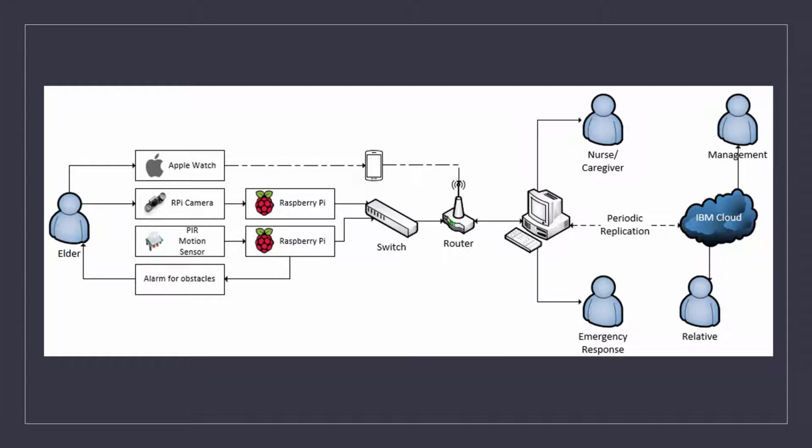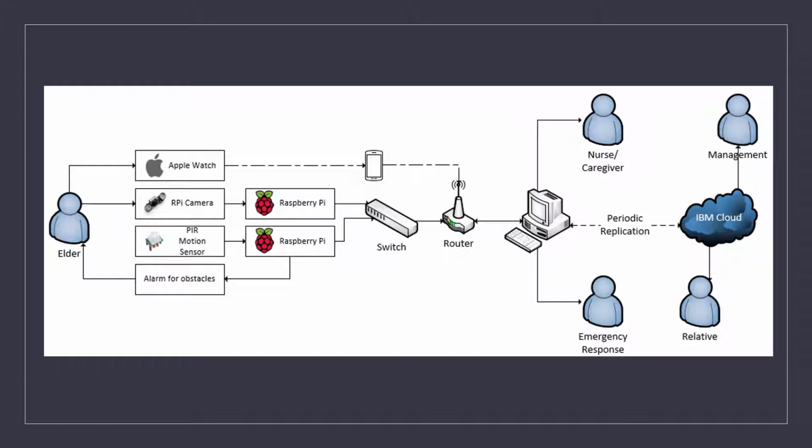An alarm, which could be any sound emitting device such as a speaker or even just a bell, acts as an actuator, and is connected to the Raspberry Pi with the motion sensor. The Apple Watch could connect to the phone via Bluetooth, or it could directly connect to the wireless access point via Wi-Fi.